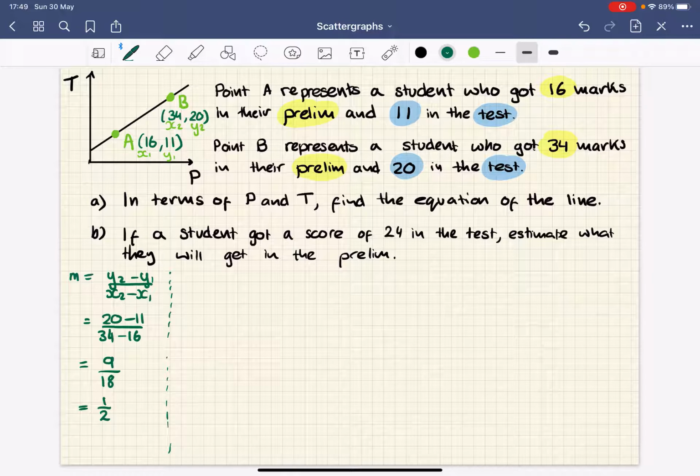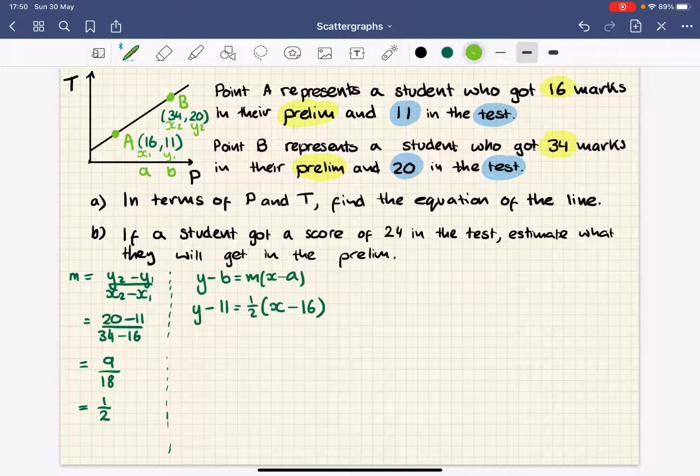So now I'm going to use my equation of a line formula. So that's that y minus b equals m bracket x minus a. And I'm going to go for the 16 and the 11 because it's smaller. So that's my a and my b. So I've got y minus 11 equals a half bracket x minus, and then that's 16. Then I'm going to multiply by that 2 to get rid of that fraction.